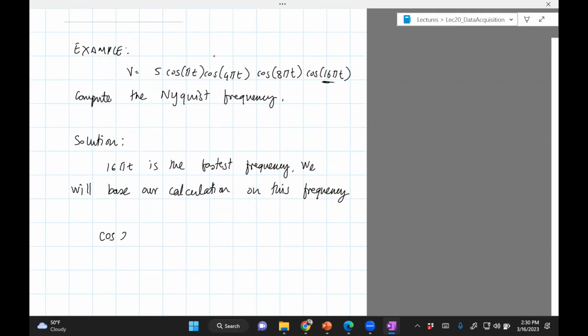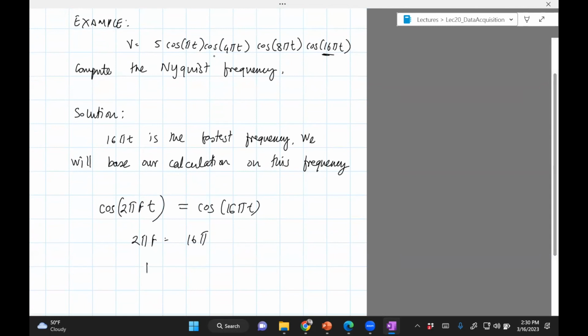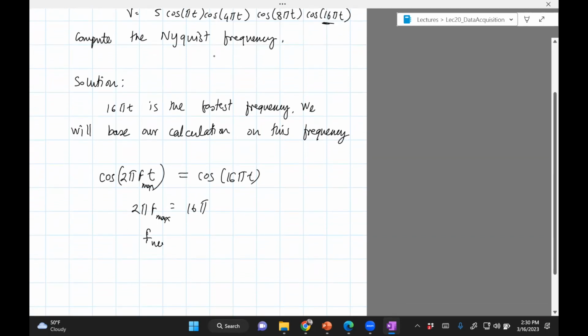Okay, so here's how you do it. We know that the way you represent cosine is something like cosine 2 pi ft, and this is similar to cosine 16 pi t. So here 2 pi f is the same as 16 pi, and so the frequency, in this case the max frequency, is 8 hertz.